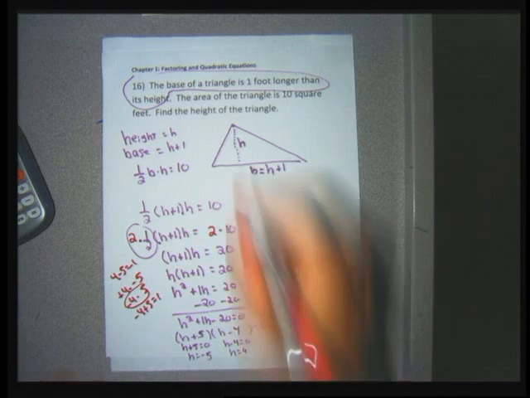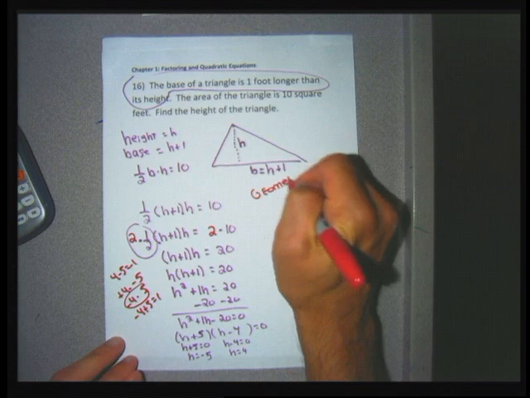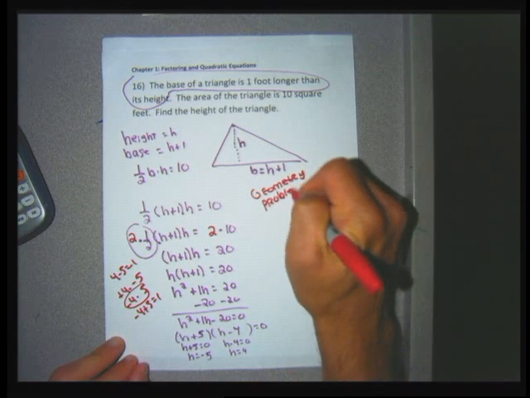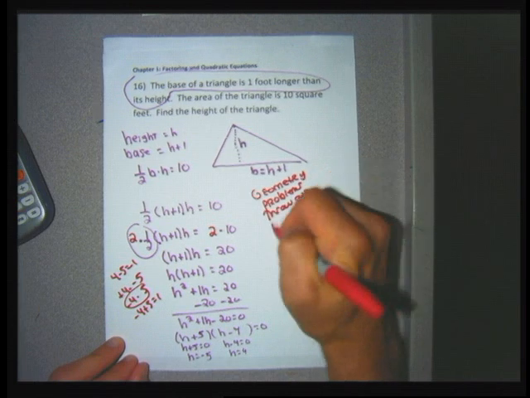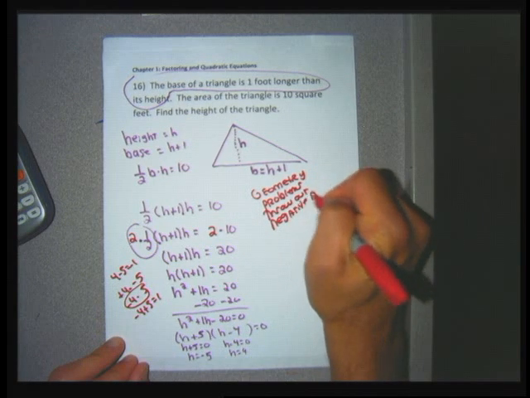So for geometry problems, which are for us triangle and rectangle problems, throw out the negative answers, because you can't have negative lengths.